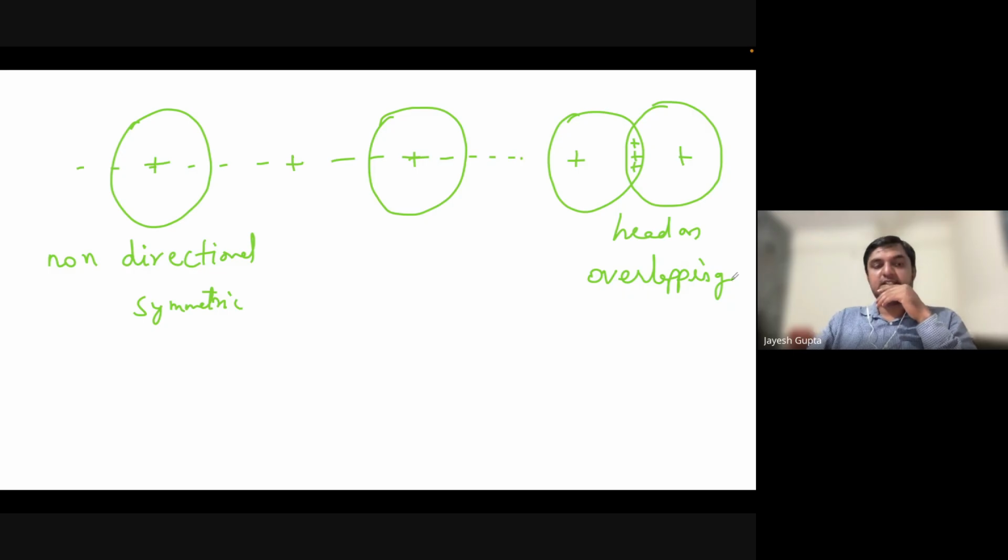And you can see, since it is non-directional, it has the same direction along all 360 degrees. So it will be non-directional, symmetric, and will always form head-on overlapping. That's why the S orbital always forms a sigma bond.